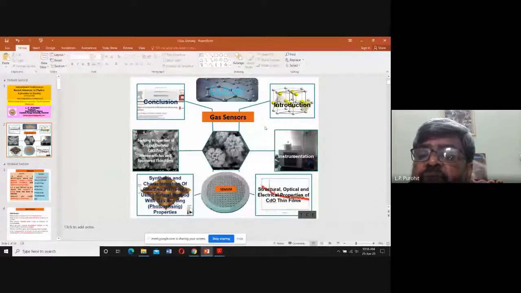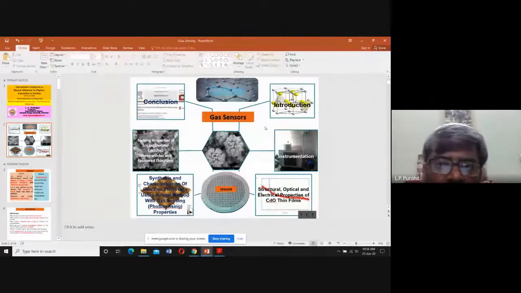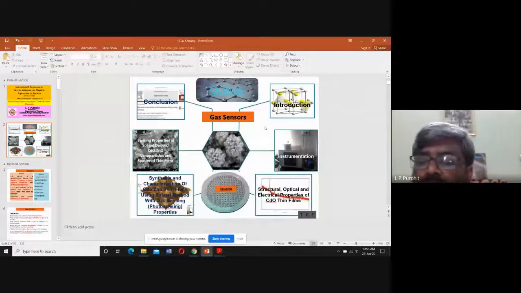In the case of gas sensors, I have taken the composites of zinc oxide and cadmium oxide. And in the case of photocatalysts, I have chosen the ternary composite of zinc oxide, TiO2, and CdO.